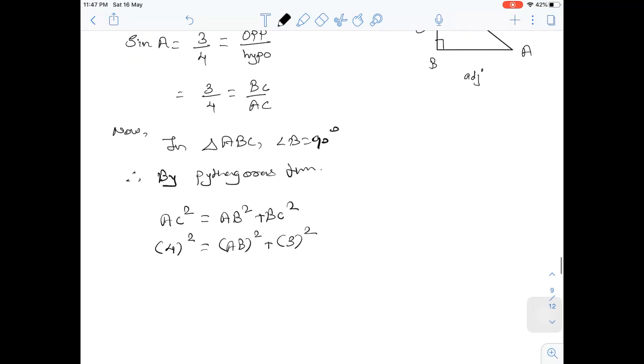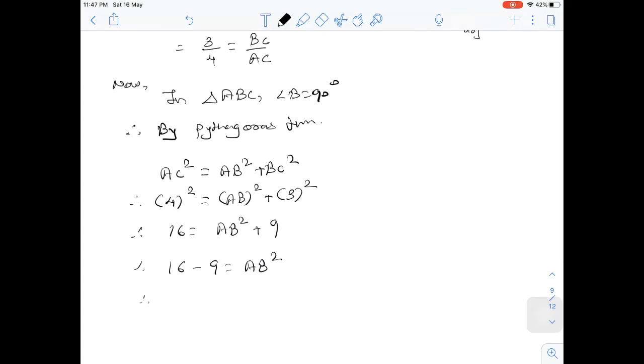So we can write further, therefore 16 equals AB square plus 9. Therefore we can write it as 16 minus 9 equals AB square.